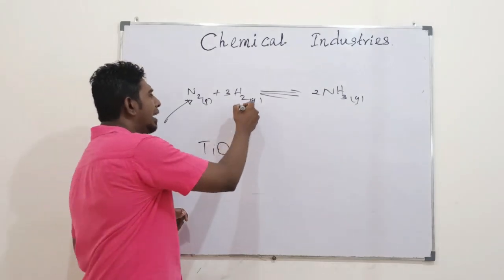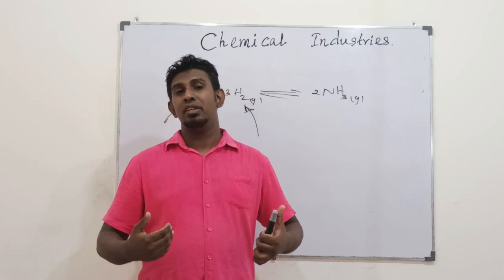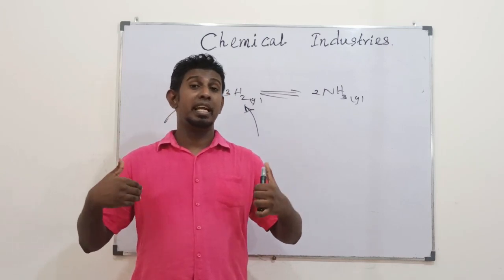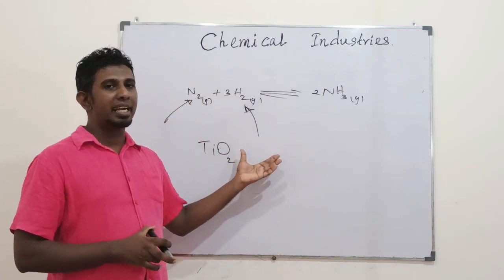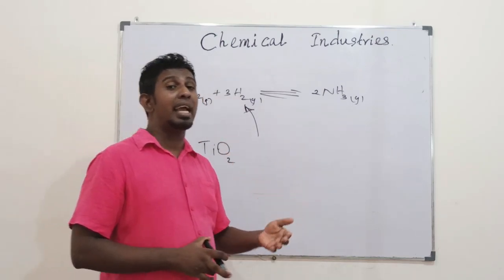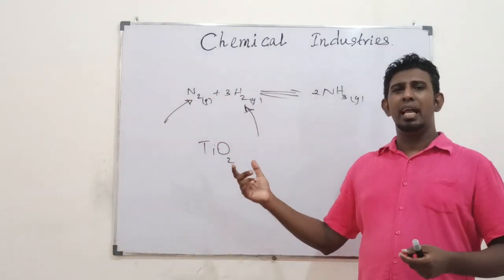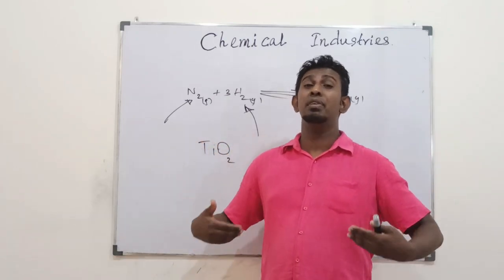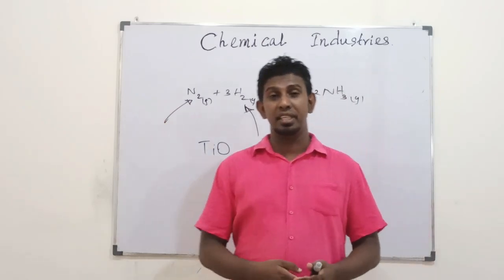Hydrogen is obtained by cracking of oils, cracking of crude oils, those hydrocarbons. Hydrocarbon cracking gives us hydrogen as a byproduct. So those are the sources. The fractional distillation of liquefied air is the source for the raw material nitrogen.